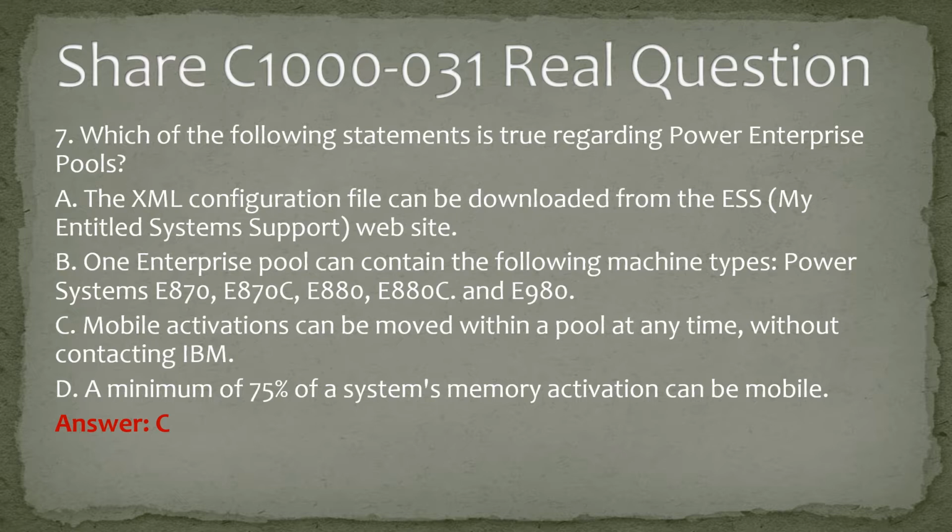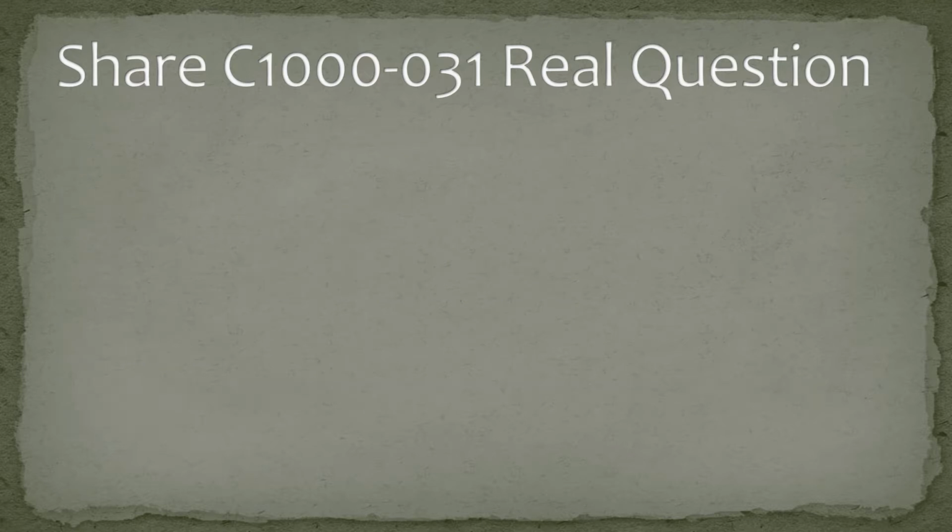C. Mobile activations can be moved within a pool at any time, without contacting IBM. D. A minimum of 75% of a system's memory activation can be mobile. Answer: C.